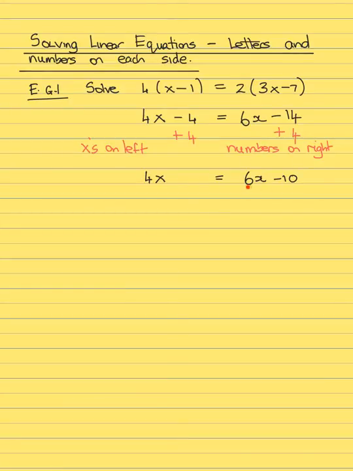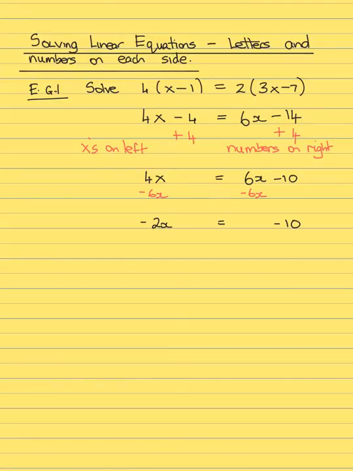So we have to get rid of this 6x. So we're going to take 6x off the left. And if we take 6x off the left, we have to take 6x off the right. So 4x minus 6x is minus 2x. 6x take away 6x is 0, and we just have minus 10.